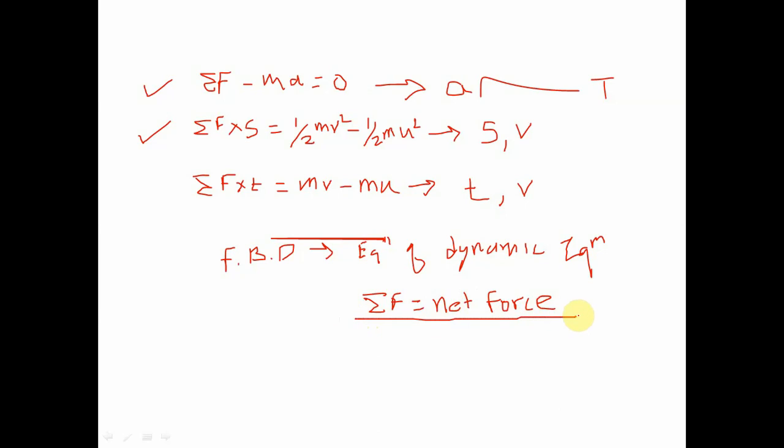After calculating the net force, we apply either the D'Alembert principle or the work energy principle. In a similar manner, we use the impulse momentum principle if it is asked to find time or velocity.